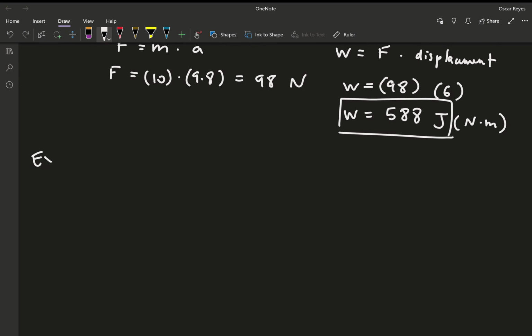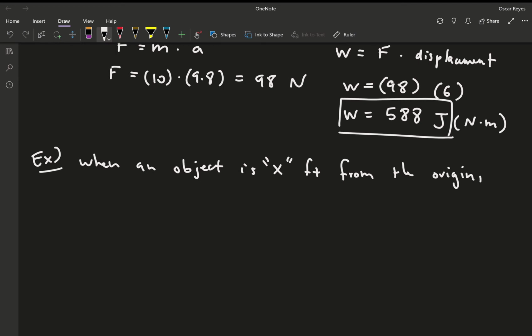Example number 2: when an object is x feet from the origin, a force of x squared plus x pounds acts on it.